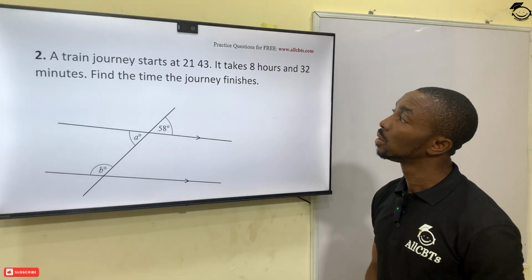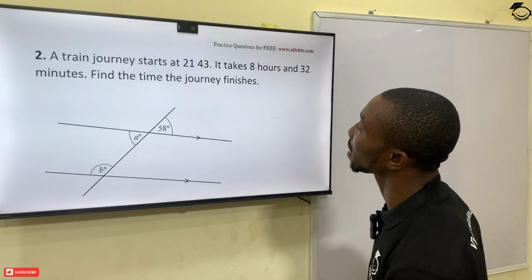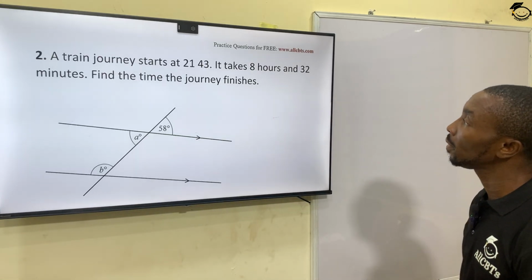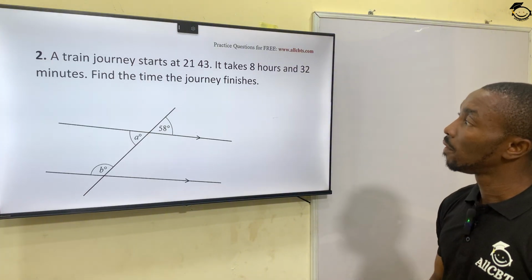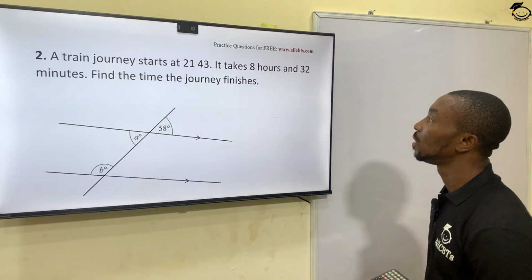A train's journey starts at 21:43. It takes 8 hours 32 minutes. Find the time the journey finishes.